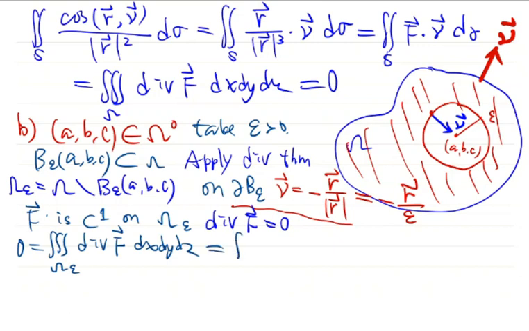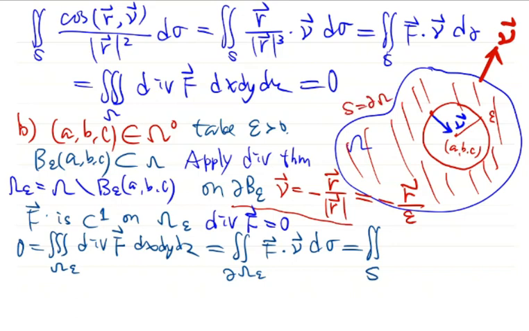Applying the divergence theorem, this is the integral over the boundary of omega epsilon of F inner product nu d sigma. And the boundary consists of two parts. So this integral becomes the integral over the boundary of omega, that is S, S equals the boundary of omega.